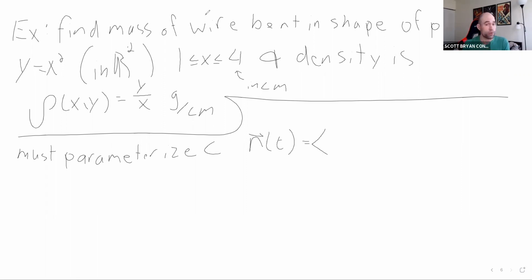There are lots of different ways to parameterize. There are infinitely many ways to parameterize your curve. The easiest way in this case: we know all the points on this curve are going to satisfy y equals x squared. This is really nice because we have one of the variables written in terms of the other variable. We have y by itself, and we've written it in terms of x.